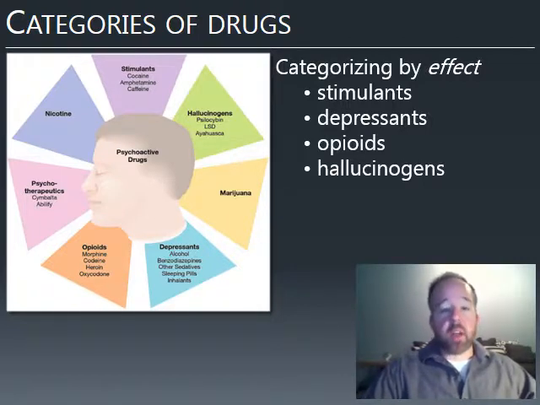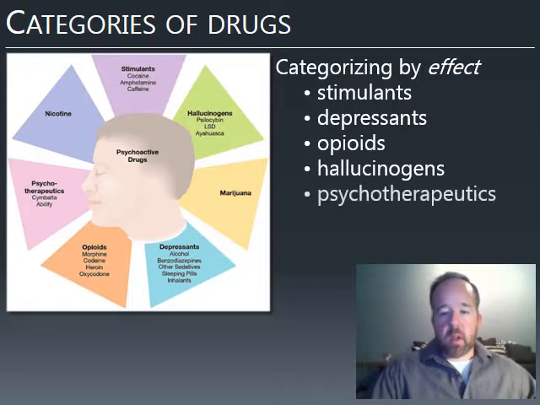And these are things like LSD, psilocybin, things that usually perturb our visual perception. There are psychotherapeutics that are used to alleviate mental disorders and mood disorders especially. There are a lot of things like antidepressants, but also things like antipsychotics, things that relieve symptoms of disorders like schizophrenia.